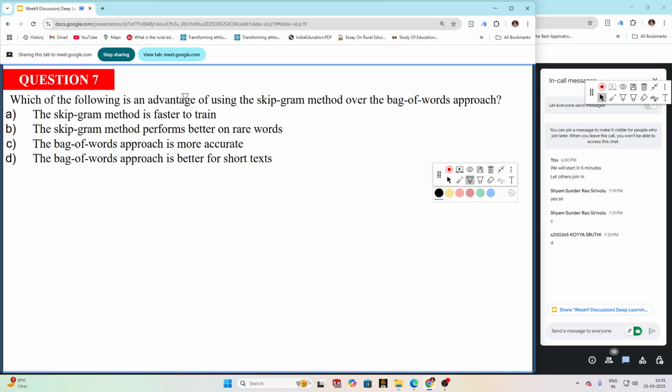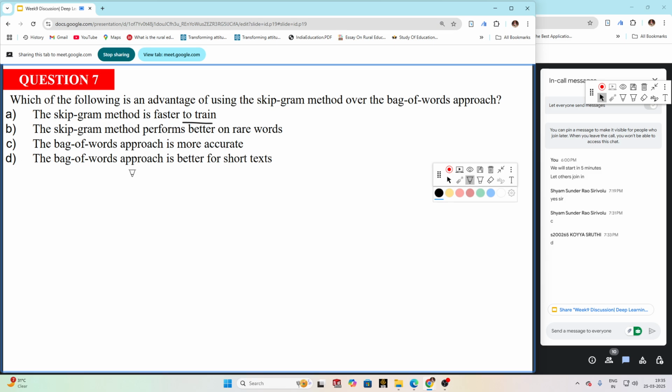Which of the following is an advantage of using the skipgram method over the bag of word approach? Option A, the skipgram method is faster to train. Option B, the skipgram method performs better on rare words. Option C, the bag of word approach is more accurate.